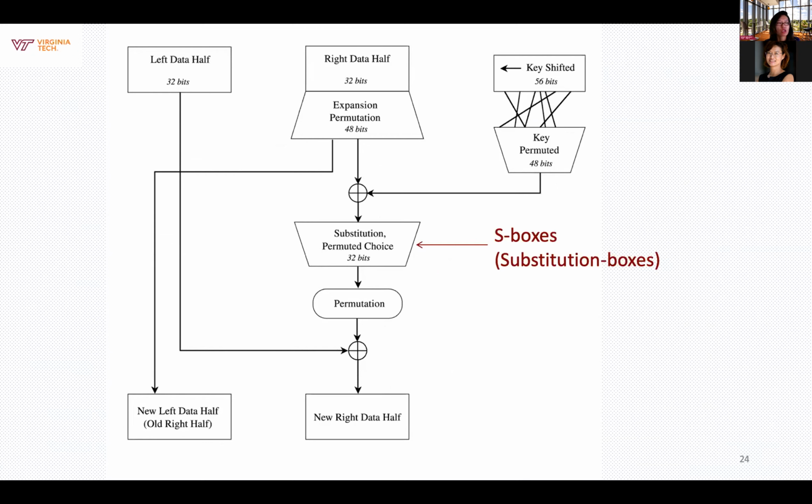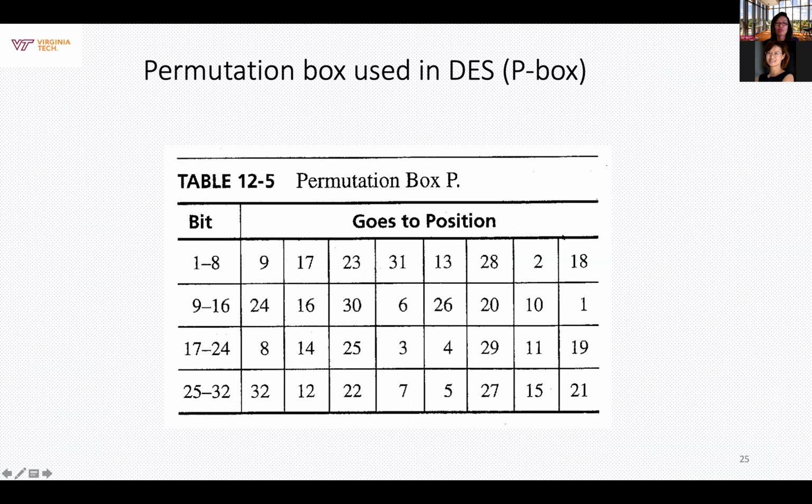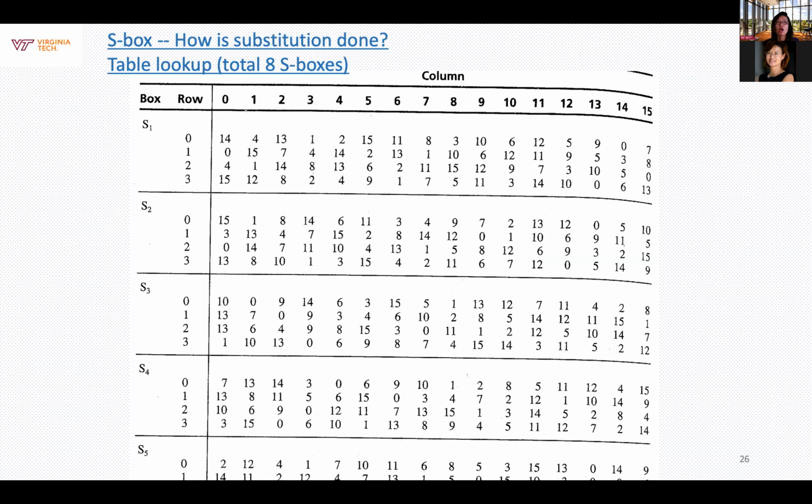Substitution is, I would say, very important in terms of creating confusion in the ciphertext. This is just another permutation box. When you go to different positions, this is the lookup table for the substitution box, the S box.